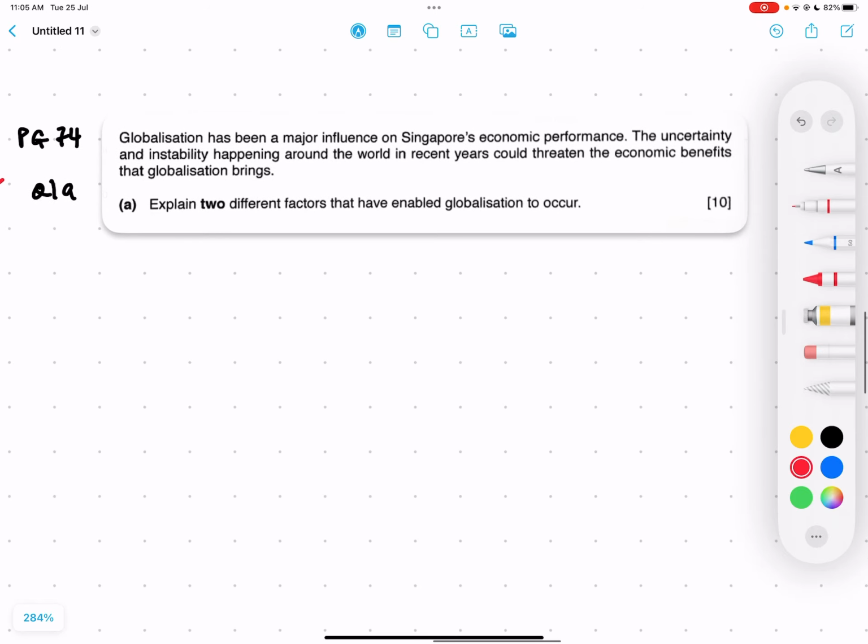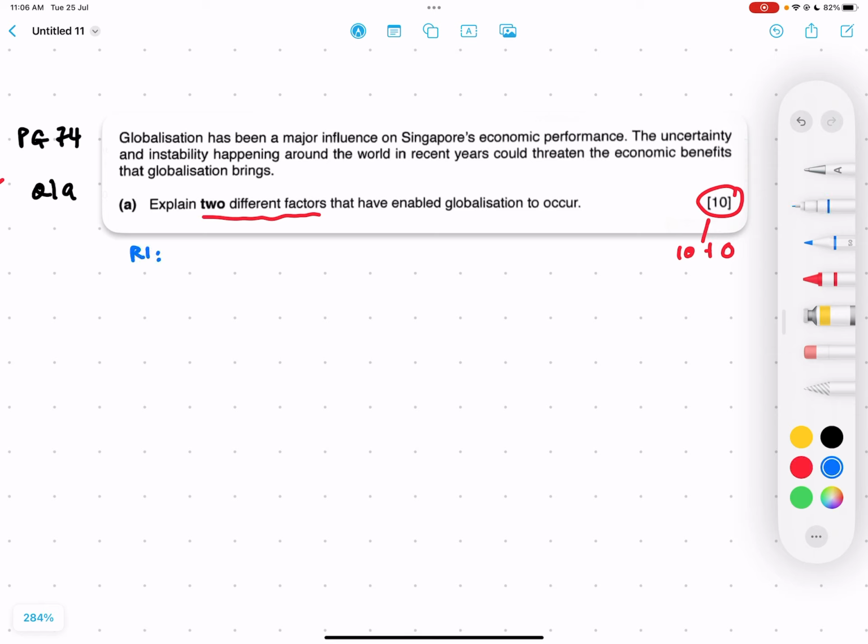This essay asks you for two different factors that have enabled globalization to occur. This is a 10 mark essay, so this is 10 plus 0. If you unpack it into the requirements, it's quite straightforward.